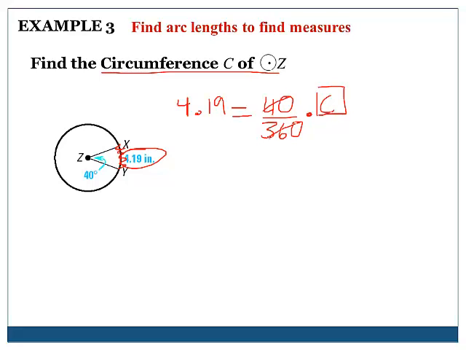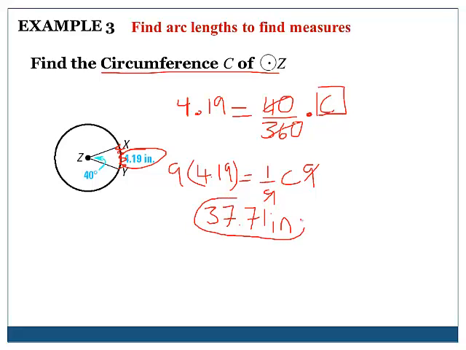When you actually reduce this, you get 4.19 equals 1/9 times C. And you can multiply by 9 on both sides to get rid of the fraction. And you get 37.71 inches. And again, that's circumference, so it's not units squared. And you're done.